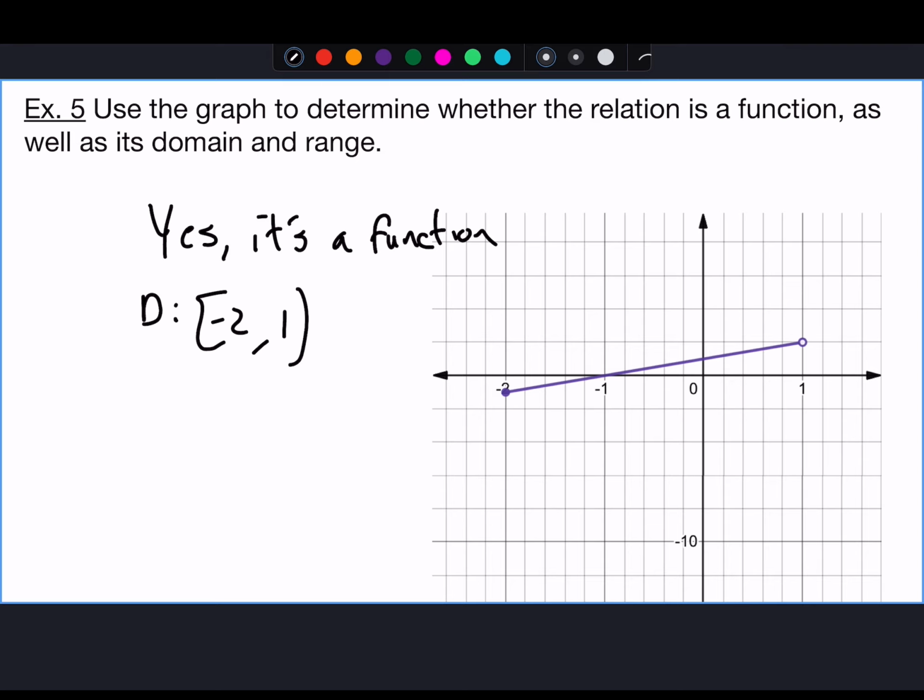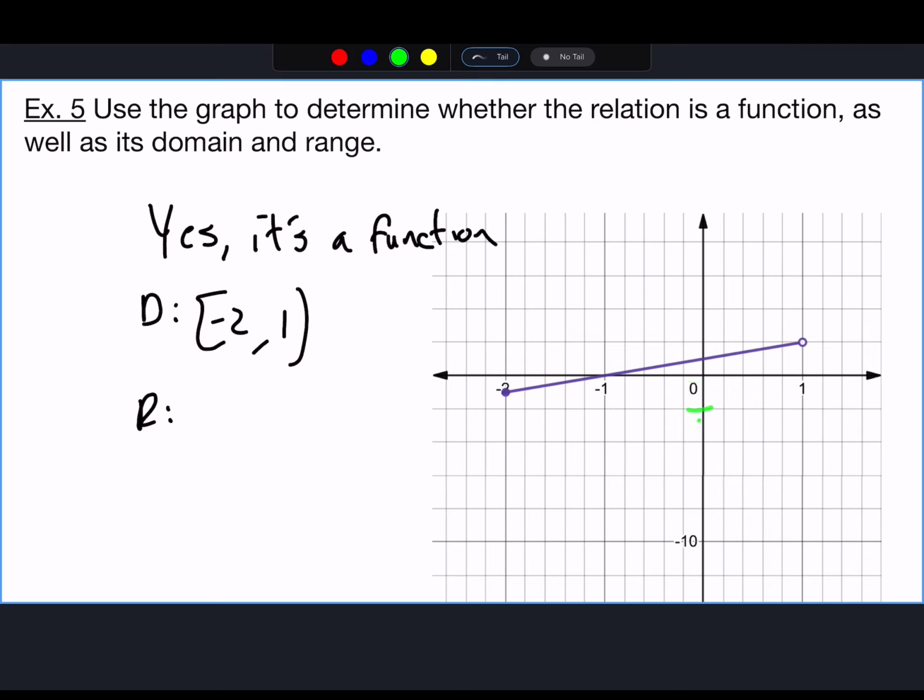Now, looking at the range, what is our lowest possible y value? Okay, let's look at this scale. So that's -10, and there's only 5 lines between.